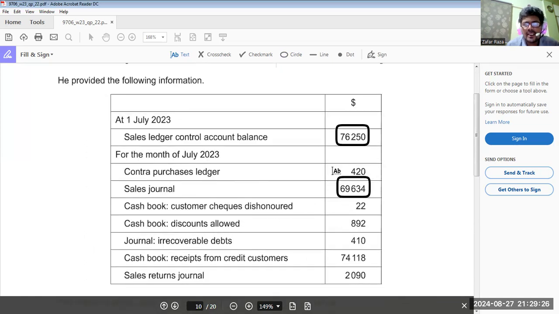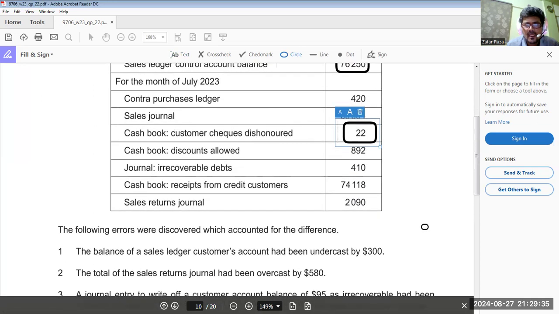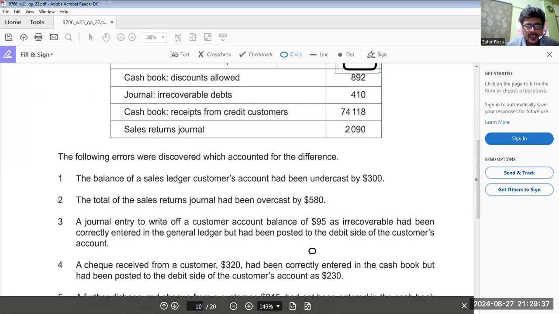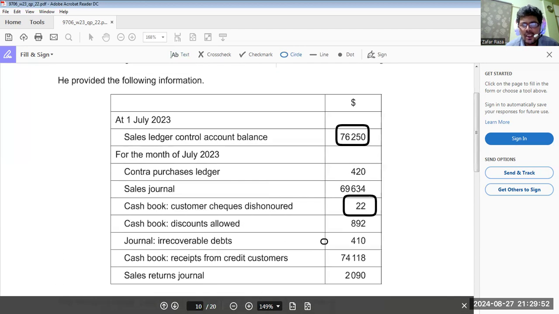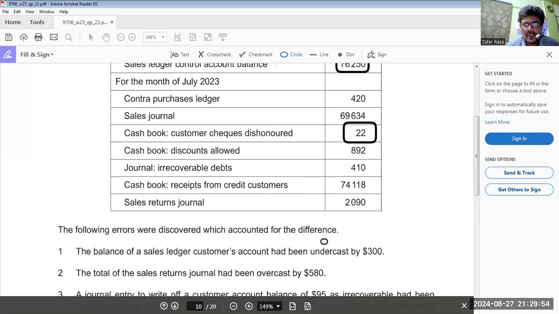Customers' cheques dishonoured, 22. But here one thing is left. A further dishonoured cheque from a customer, 215, had not been entered into the cash book. It means the data from the cash book of $22 for customers' cheques dishonoured is incomplete.